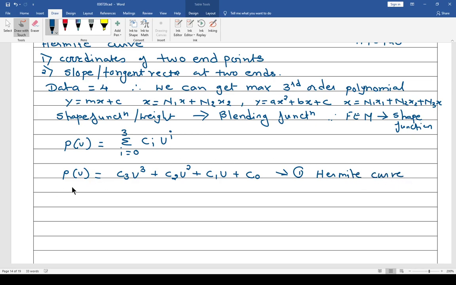Now there are 4 unknowns: C3, C2, C1 and C0. To find these, 4 data points are required.